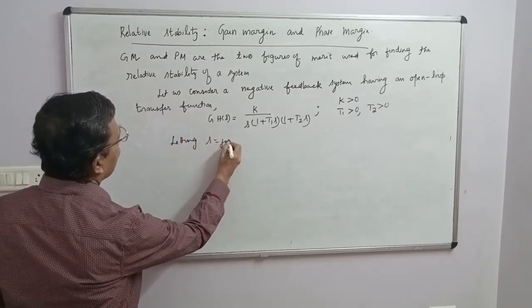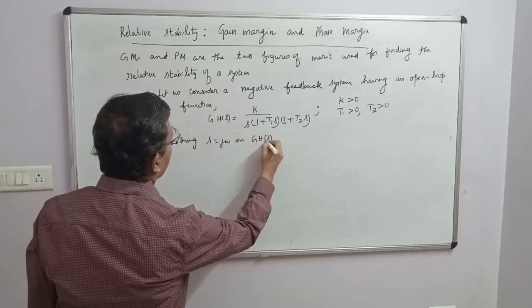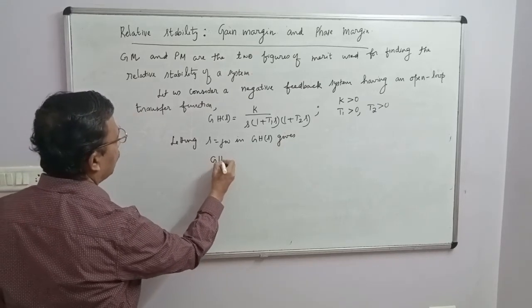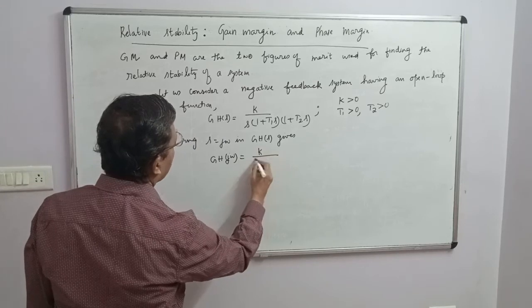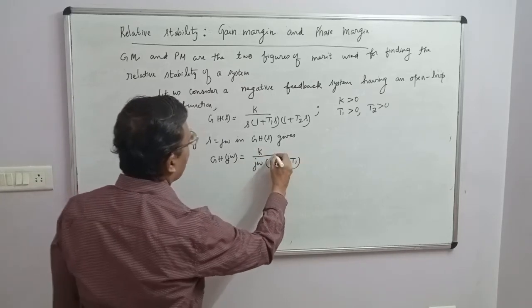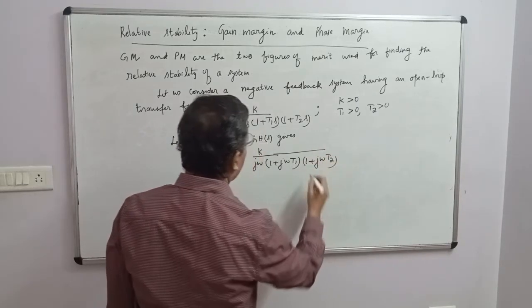Letting S equal to j omega in GH of S gives GH of j omega equal to K divided by j omega into 1 plus j omega T1 into 1 plus j omega T2.